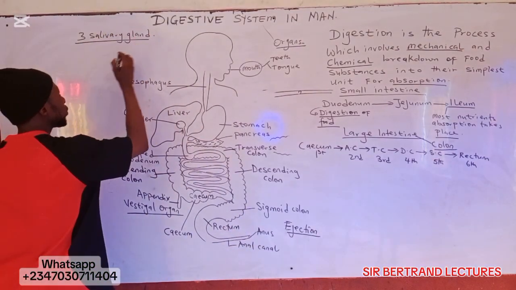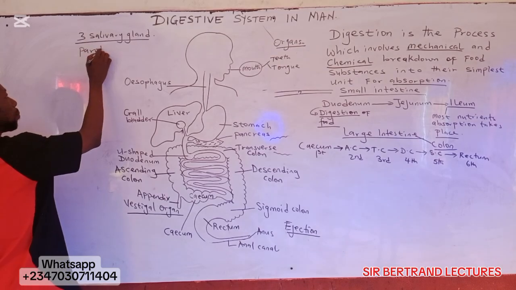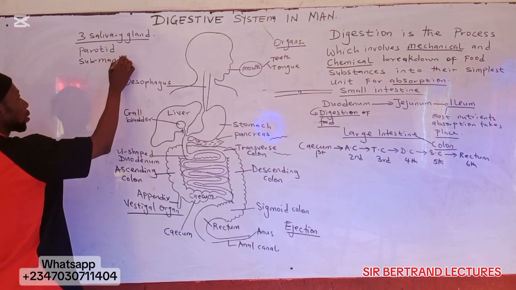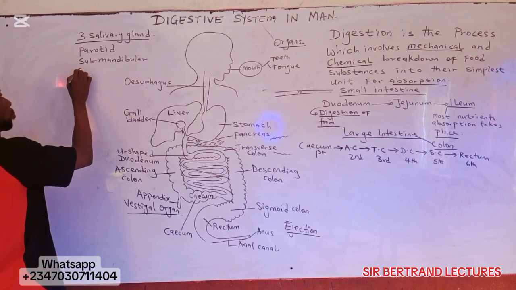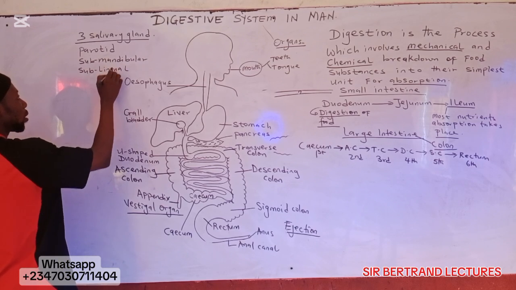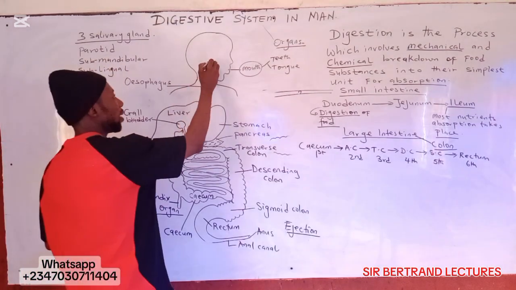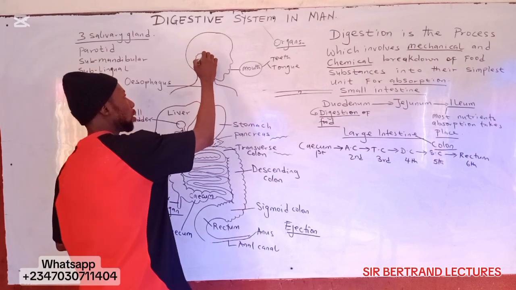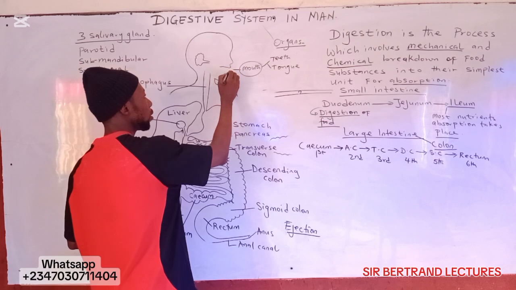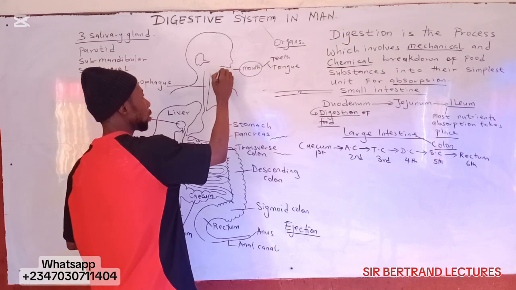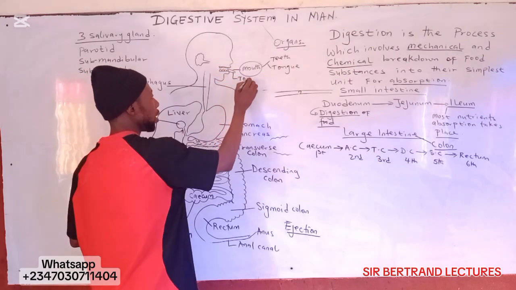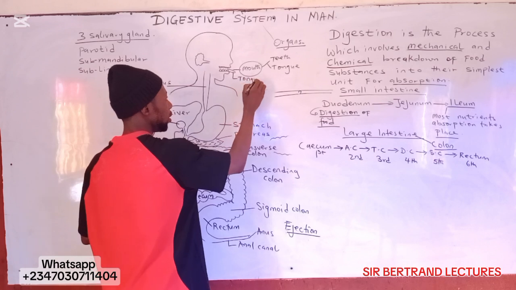The three salivary glands in the mouth are parotid, submandibular, and sublingual gland. And here is the parotid gland. If you open the mouth, we have the tongue here. This is the tongue.